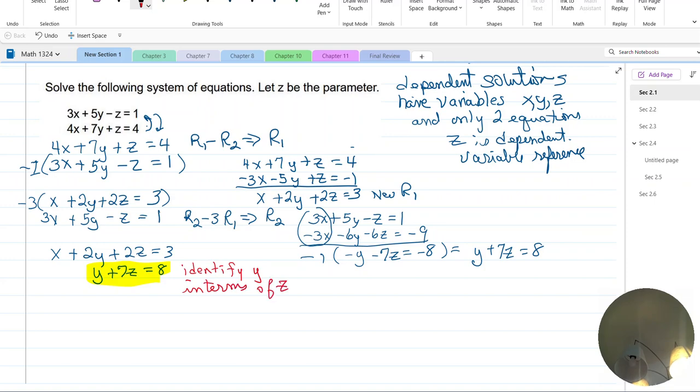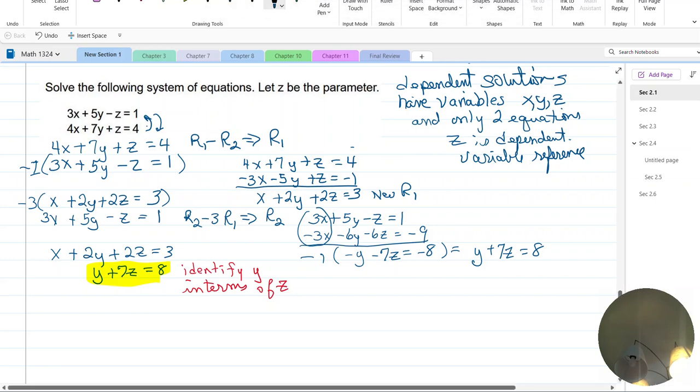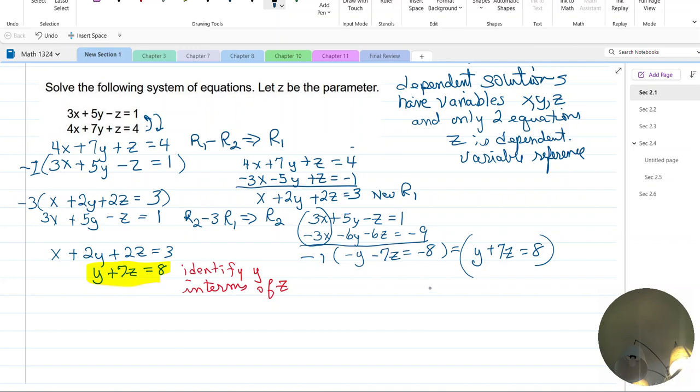That means I'm going to solve for y. So again, I'm going to take this part right here and solve for y. y plus 7z equals 8.